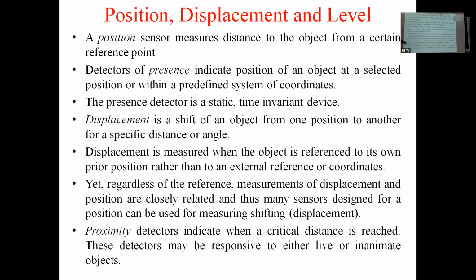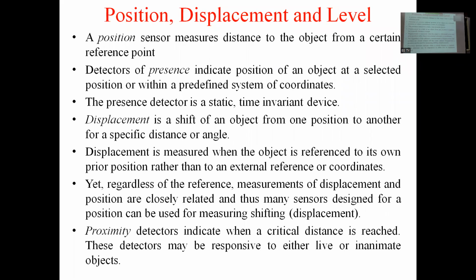Okay, for a position sensor the reference point will be fixed. What does it do? It measures the distance of the object from the reference point, right? That position sensor measures the distance to the object from its certain reference. From the reference point, it measures the distance of the object, right? And again, the displacement sensor also measures the shift of an object from one position to another for a specific distance or length.